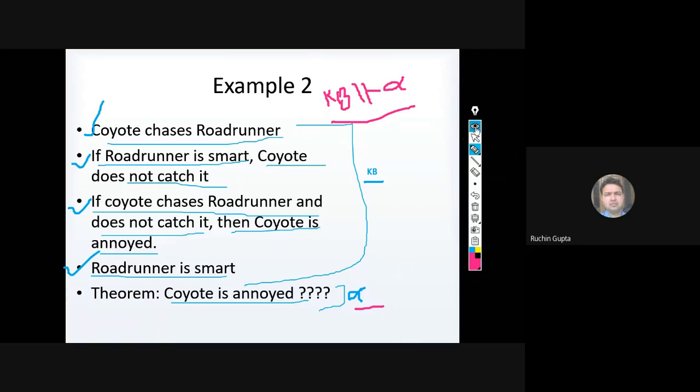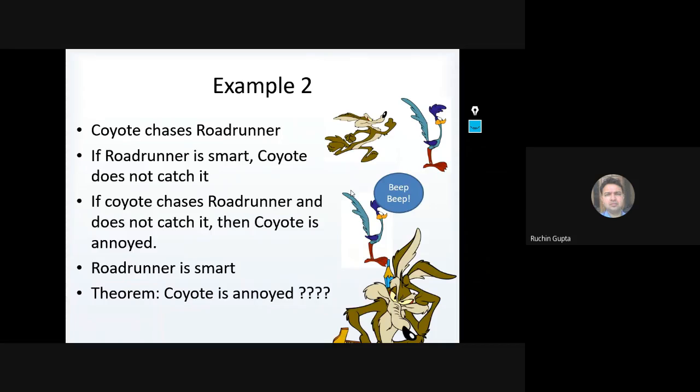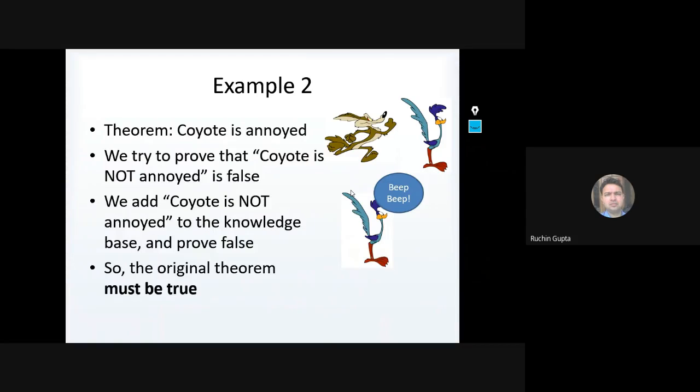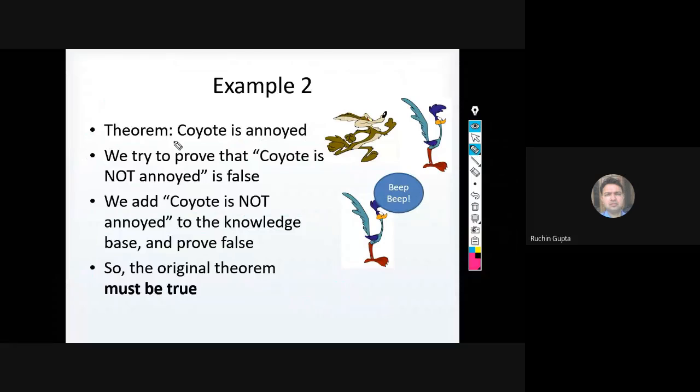So how do we convert? We have to check whether coyote is annoyed.